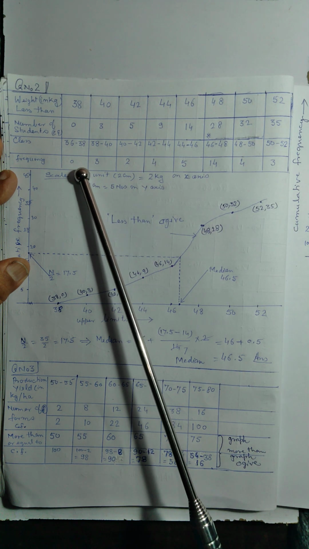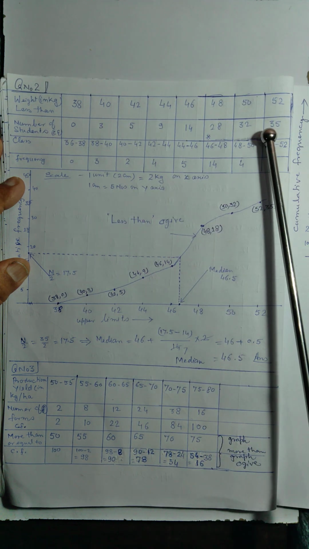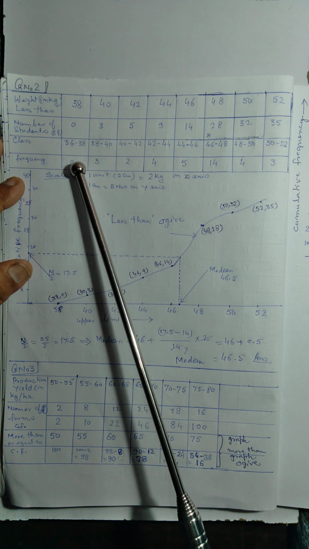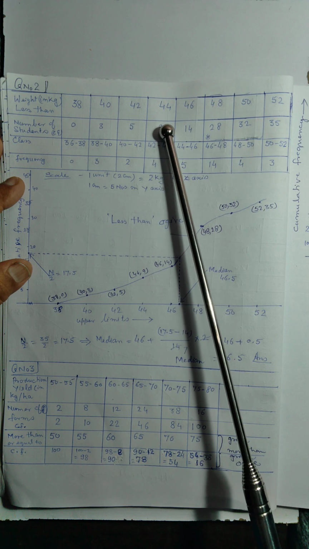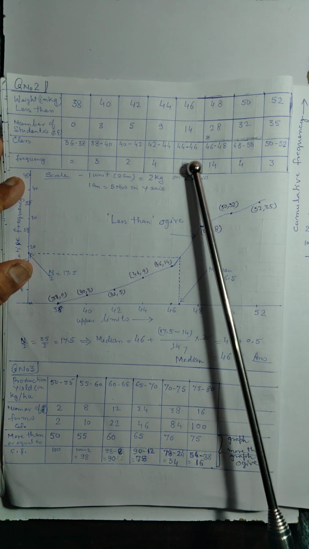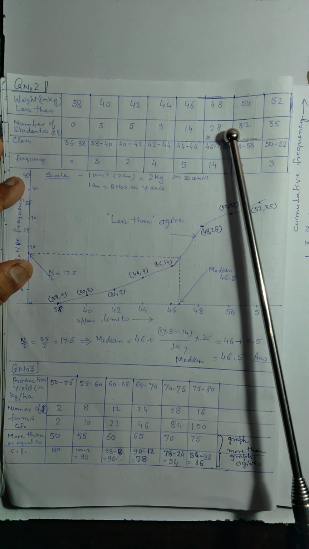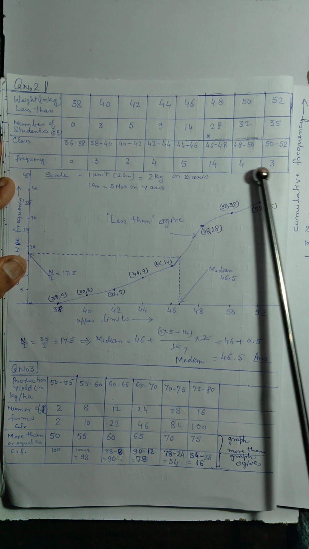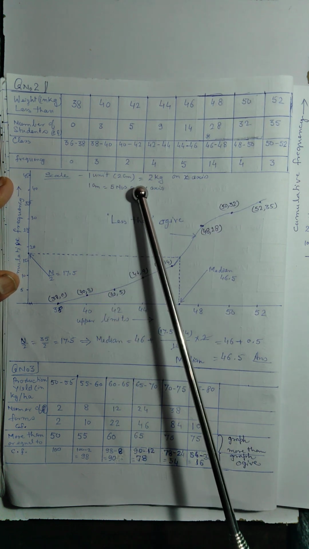Now the cumulative frequency is given, and we have to work out the frequency. Here 0, 3, 5 minus 3 is 2, 9 minus 5 is 4, 14 minus 9 is 5, 28 minus 14 is 14, 32 minus 28 is 4, 35 minus 32 is 3. In this way you can find out the frequency.